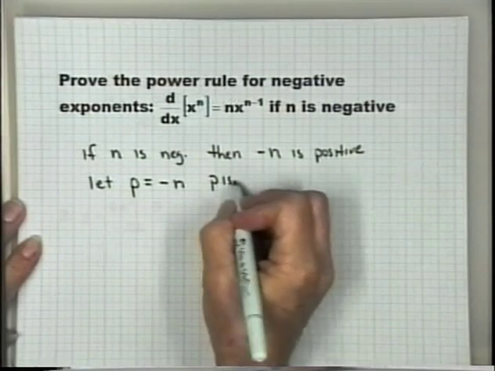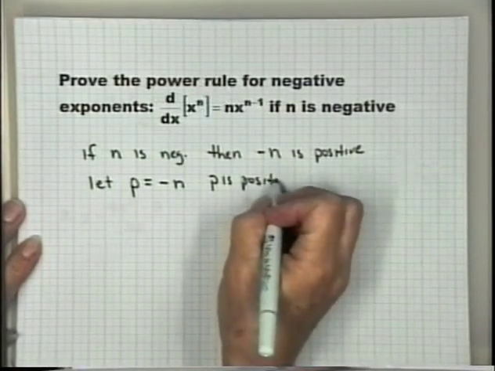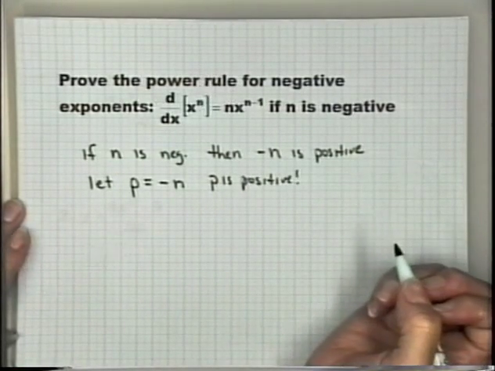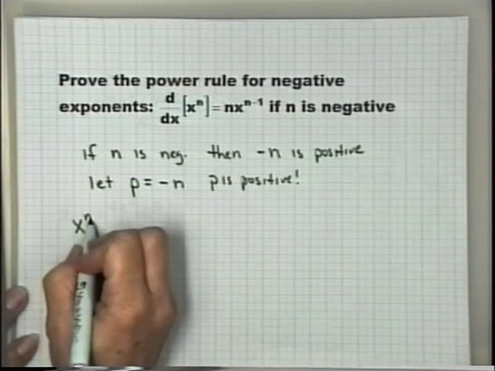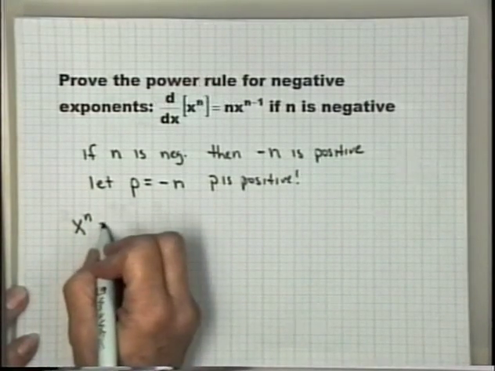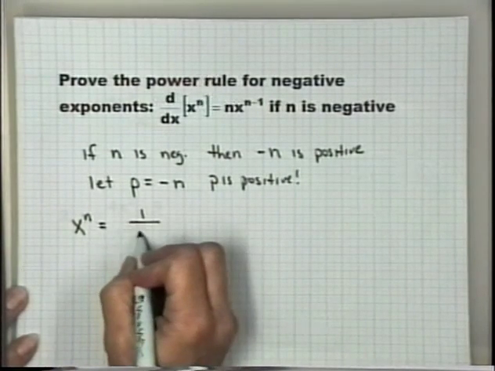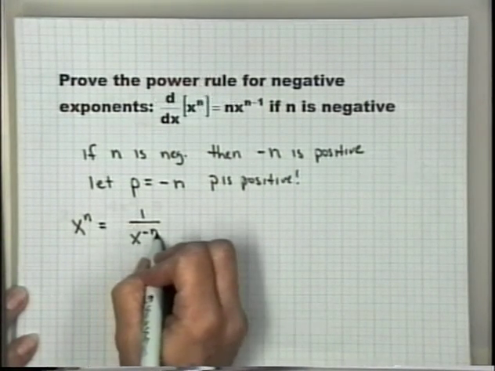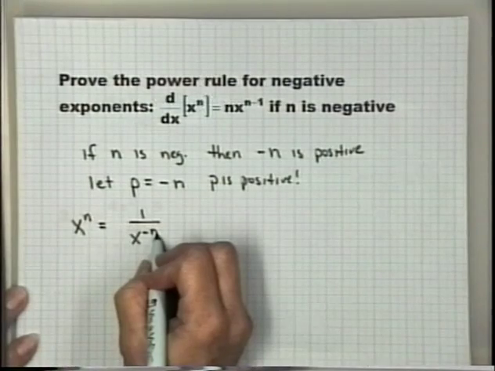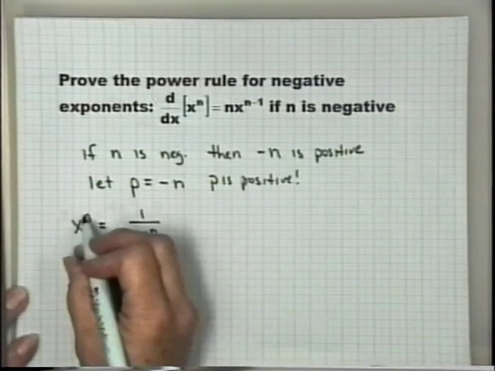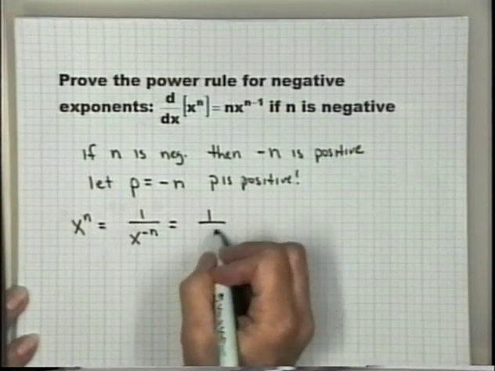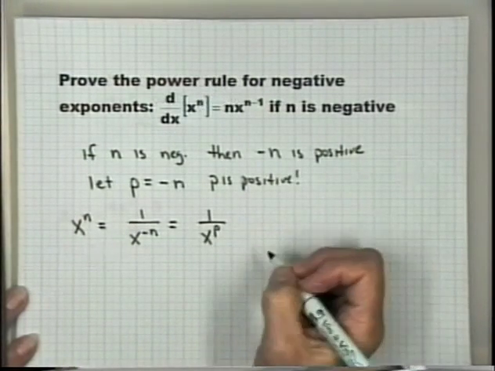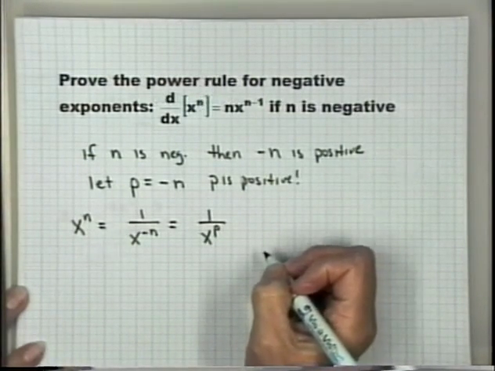P then is positive, isn't it? Right? Okay, so if I have x to the n, this would equal 1 over x to the negative n, right? Because if you move it down, this exponent changes sign. And then we're going to put a p in place of that negative n. So I'll have 1 over x to the p, okay?